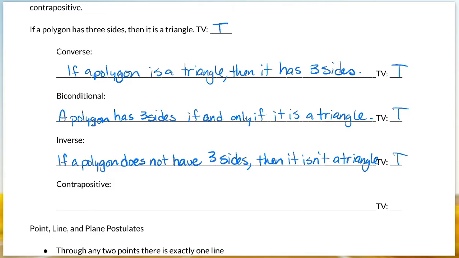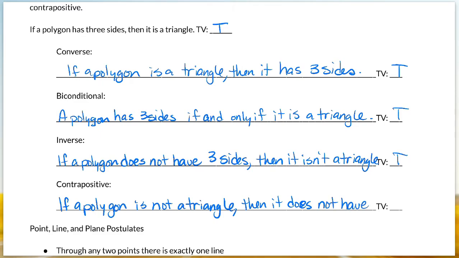Contrapositive is flipping and negating, or you can go look at the converse and just negate that. So the converse was a polygon is a triangle, then it has 3 sides, where we're going to negate that part. If a polygon is not a triangle, then it does not have 3 sides.